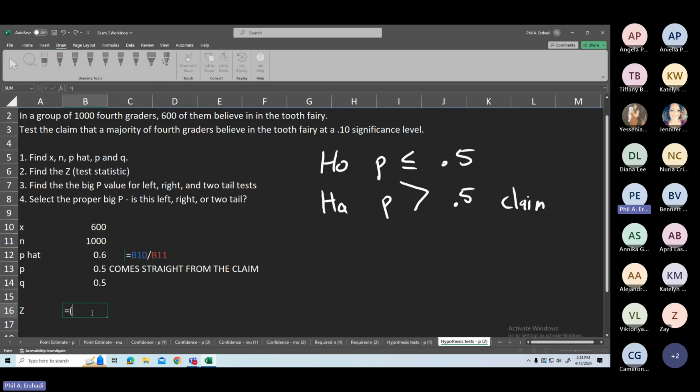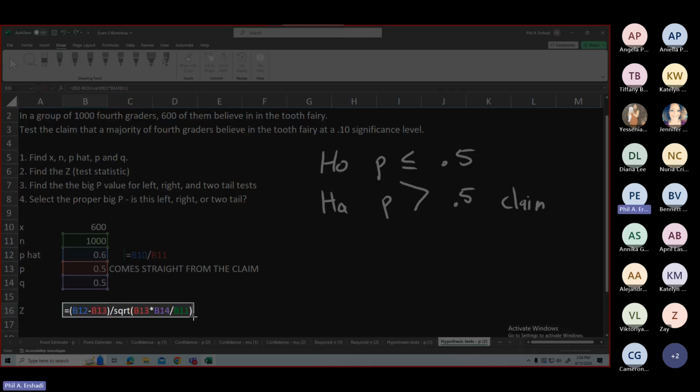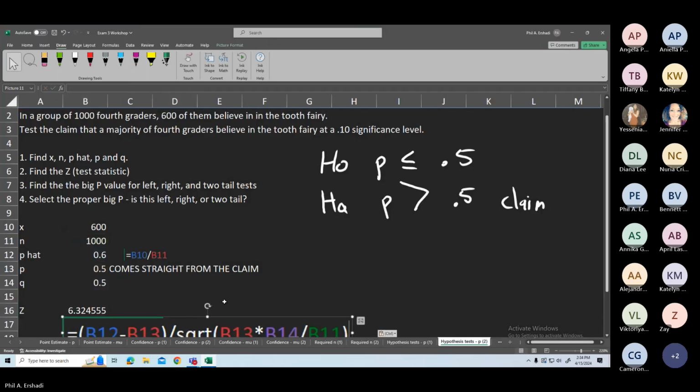Just banged it out there. So we go P hat, subtract P, divided by square root of P multiplied by Q divided by N. And this is why I typed all of these in different boxes. Just because I knew we were going to see those again.